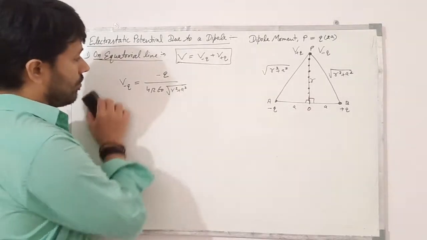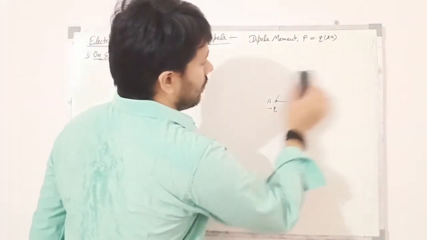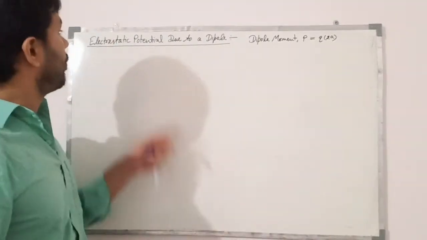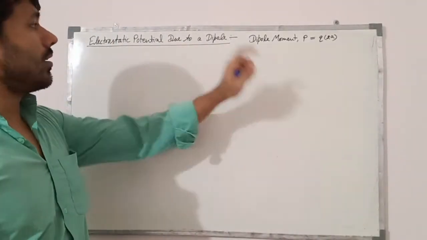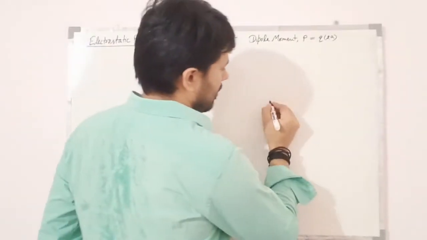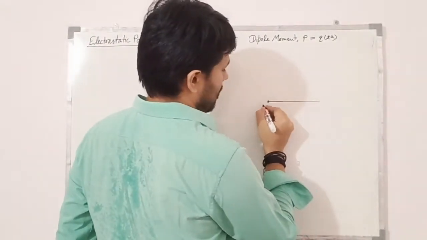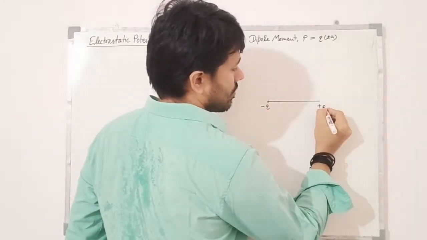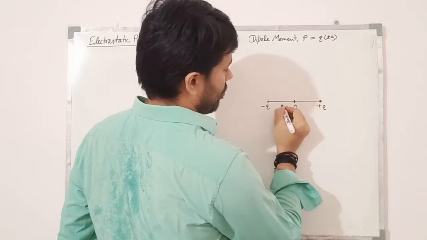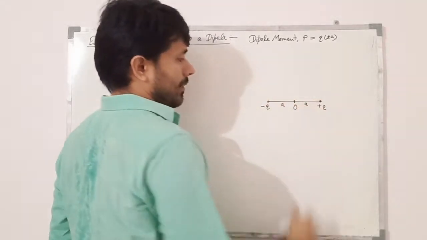Now find the electrostatic potential due to a dipole at a general point. Let's say this is minus Q, this is plus Q, and this is the midpoint O. This is A, this is A, right?